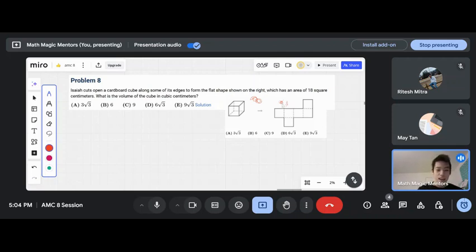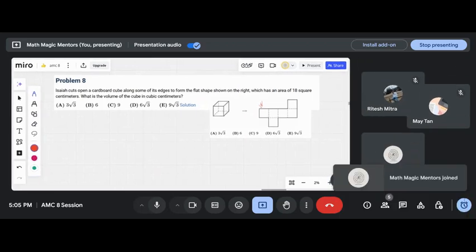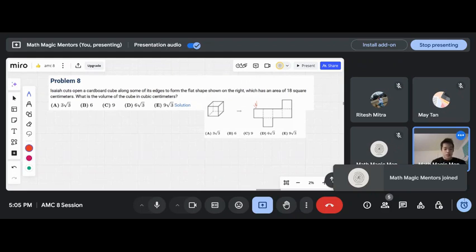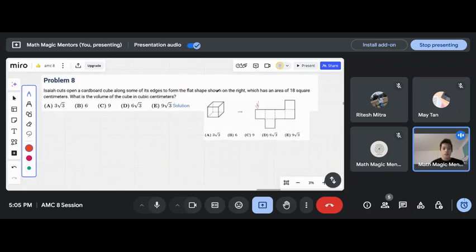So we're given that the area of this figure right here is 18 square centimeters. We want to find the volume of the cube. So how should we first start this problem? How can we use the given information, which is that the area of the figure shown on the right is 18 square centimeters, to solve our problem?